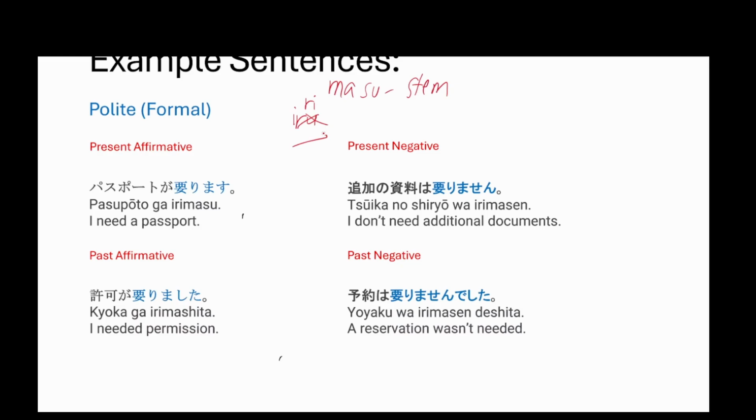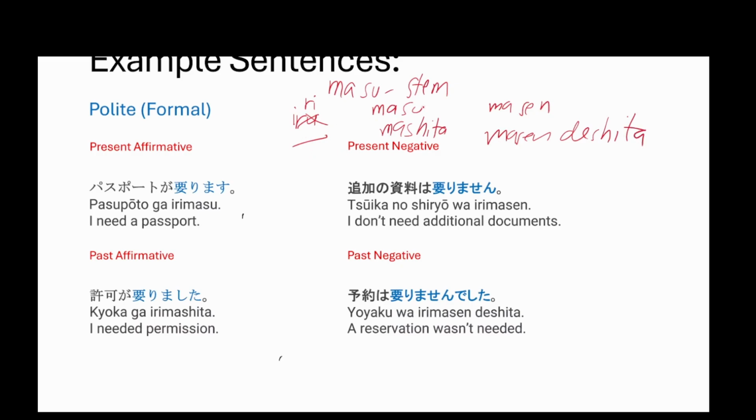Now that we already have the masu stem, then we can add the masu form of the verb. And that would either be masu, mashita, masen, or masen deshita.